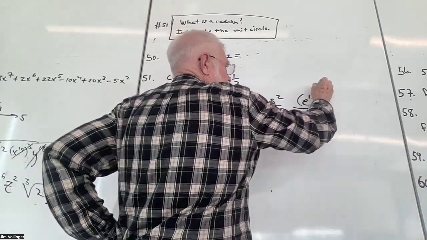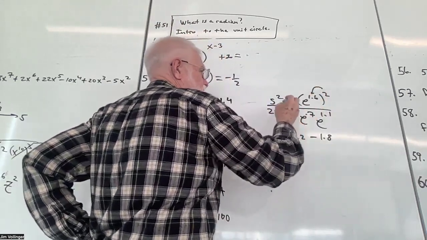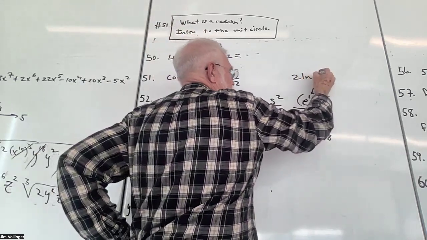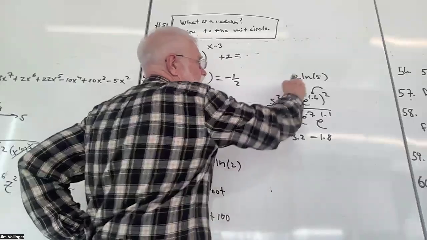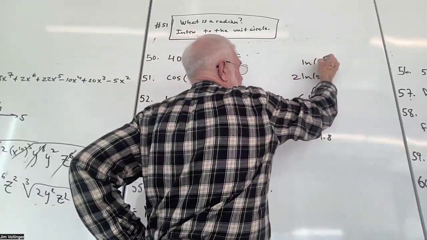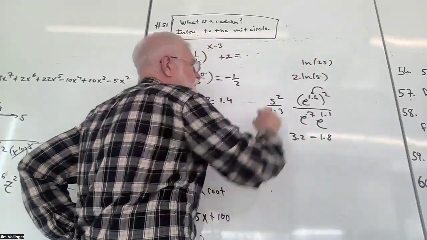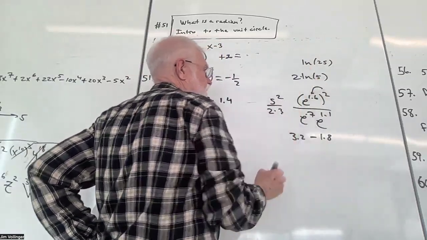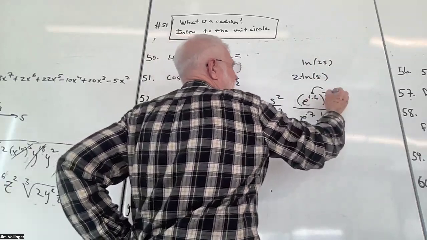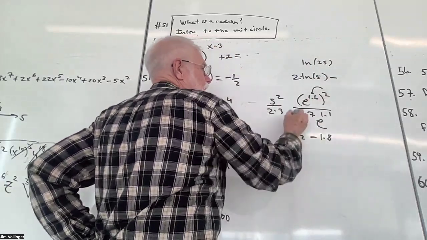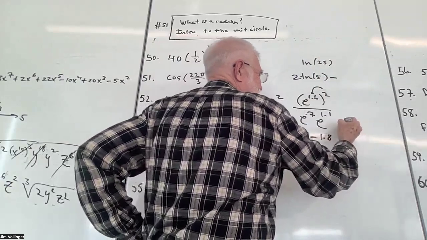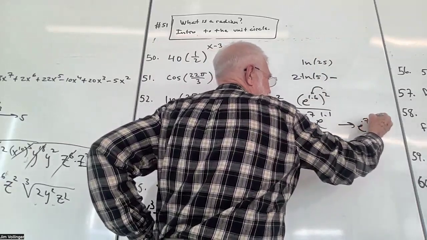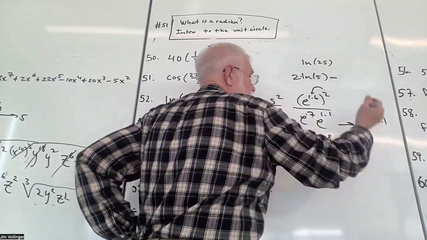All right, so I'm multiplying 2 times 1.6, which is 2 ln of 5, which means that that is the same thing as the ln of 25. All right, but here it is simply written as possible. 2 times the ln of 5 minus what? Well, I've got e to the 0.7 plus 1.1.